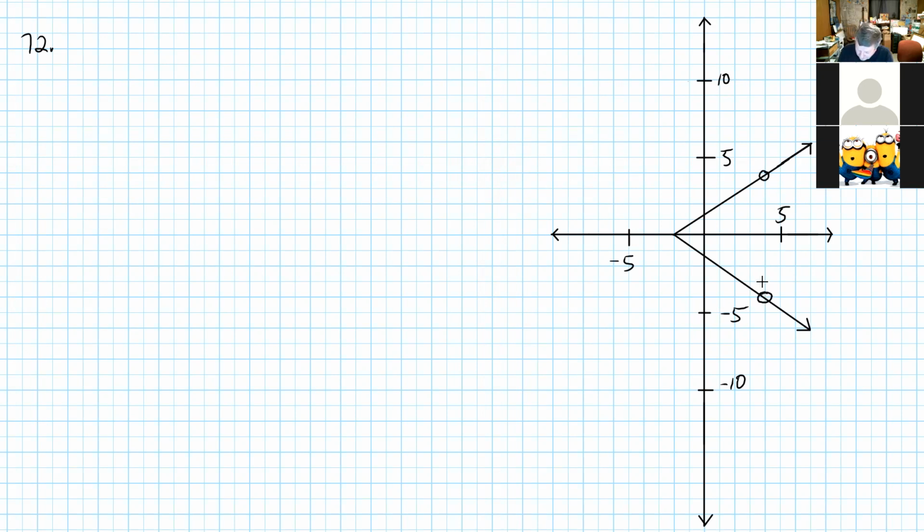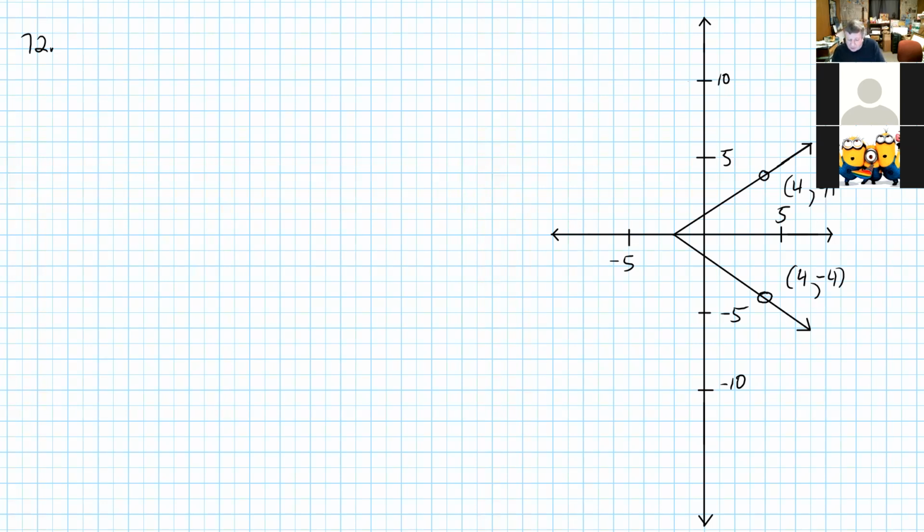What's the x value for both those points? 4. What's the y value for the bottom point? -4. For the top point? Just approximately, 4. Yeah, sorry. Again, my graphs aren't perfect.